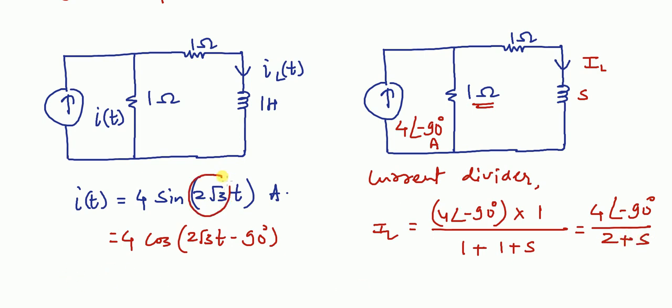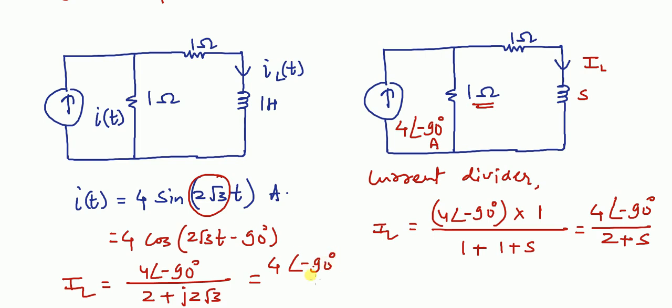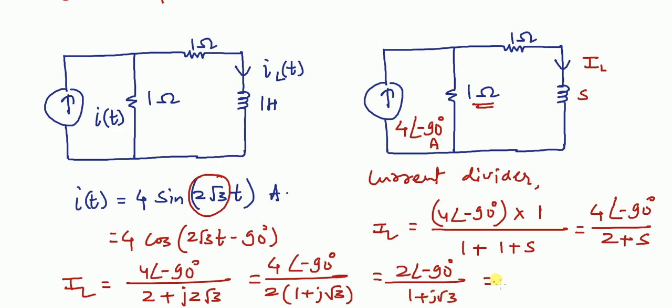omega is 2 root 3. So this IL is 4 at an angle minus 90 degree over 2 plus j 2 root 3. Take 2 common. So it is now 1 plus j root 3. So it is 2 at an angle minus 90 degree over 1 plus j root 3.